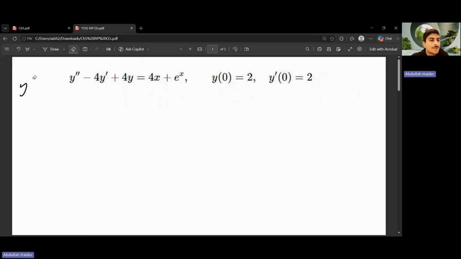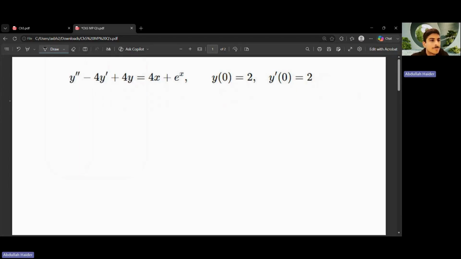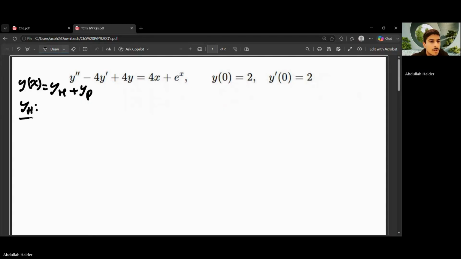What we want to find is y of x equal to yh plus yp. So our yh is going to be r squared minus, why am I writing y?